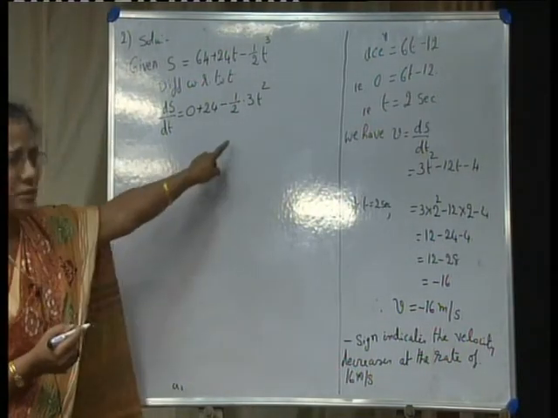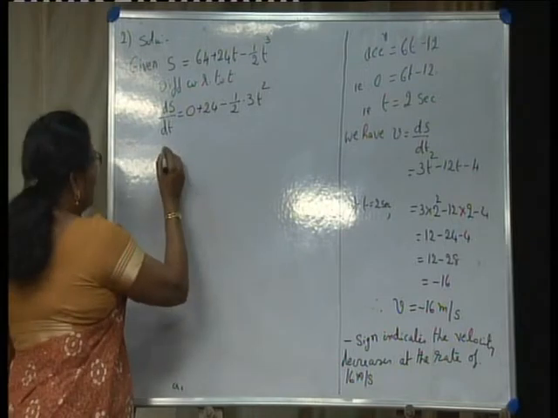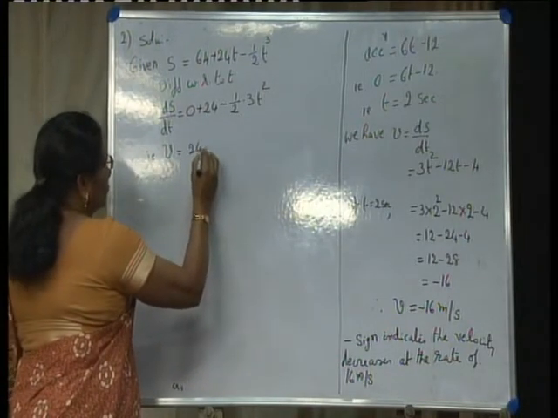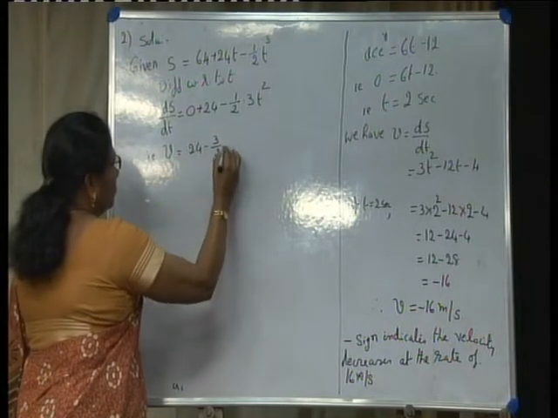So the velocity is found: v is equal to 24 minus 3 by 2 t squared.